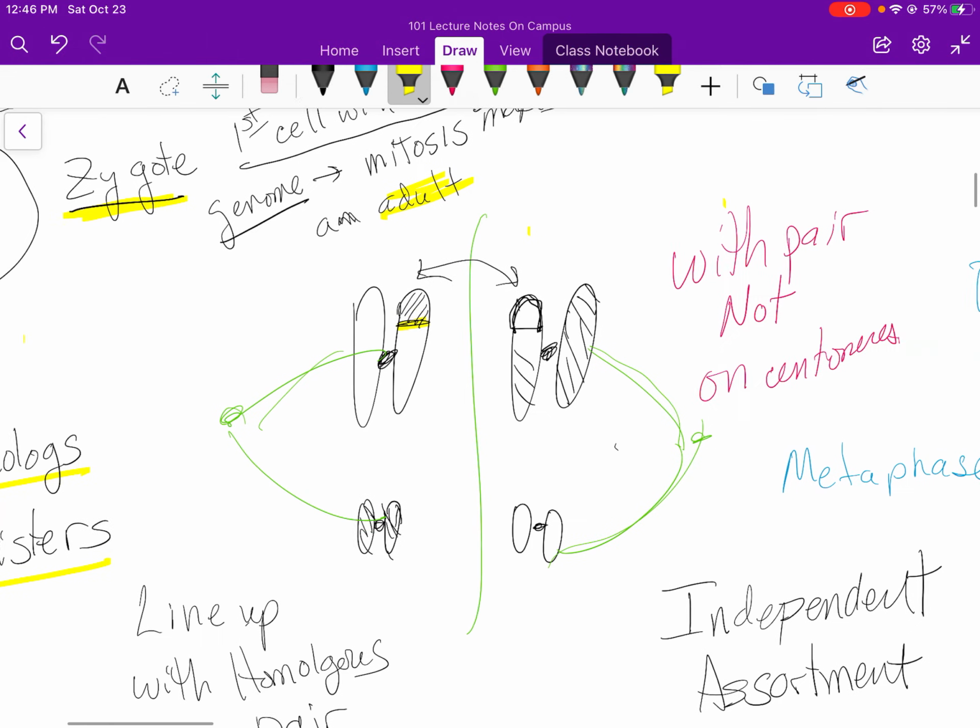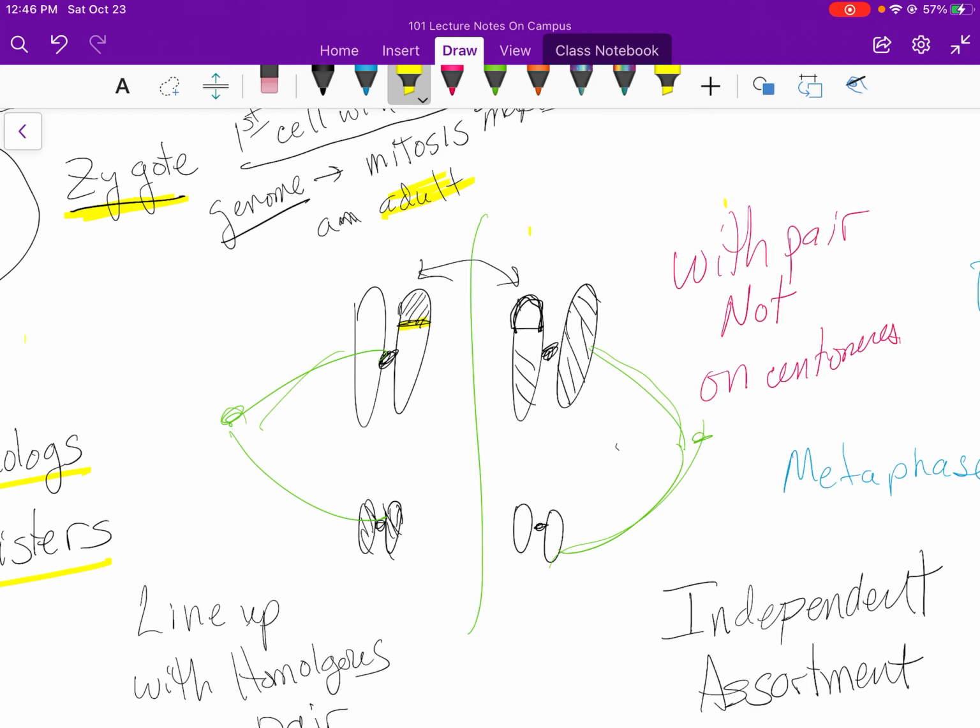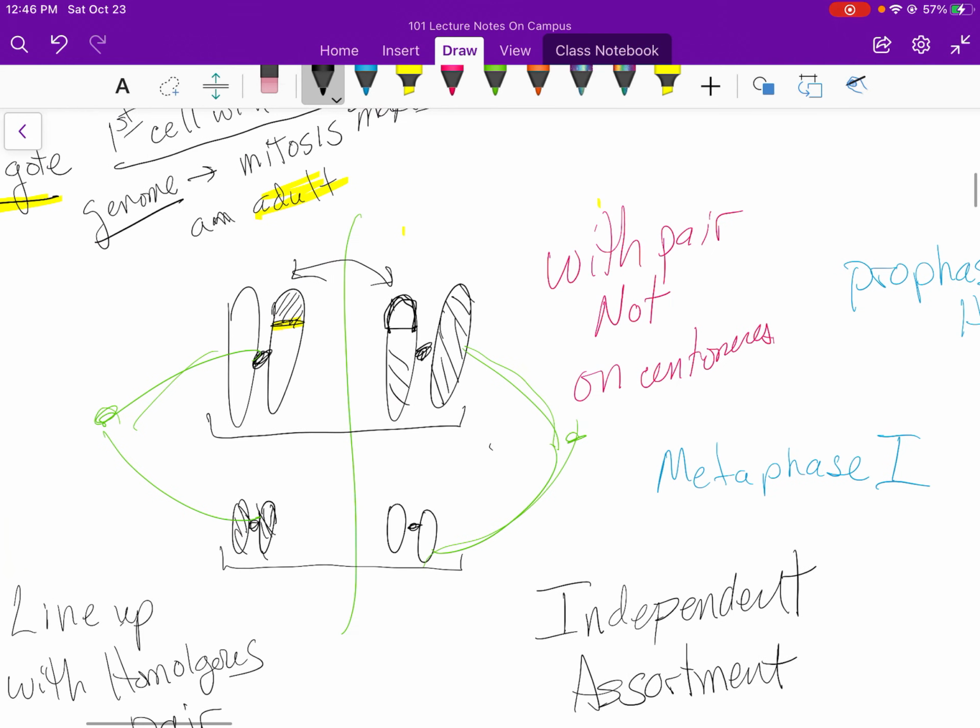In this particular case, we've got a simple organism here, and I've drawn it here with two homologous pairs like this. The big difference here is that in metaphase 1, which is what this is, they line up with their homologues.